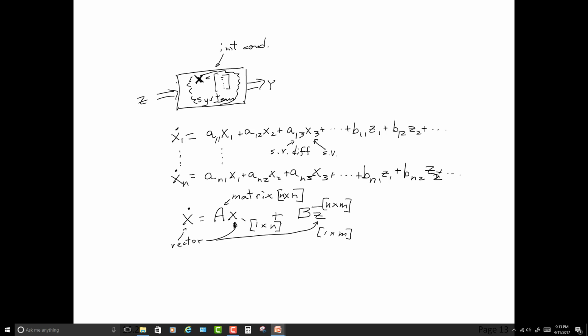Okay? But the interesting thing is, again, to remind you, from differential equations, you need to remember that this is true: that the derivative of a variable can be expressed as a constant times the variable plus a constant times the input.